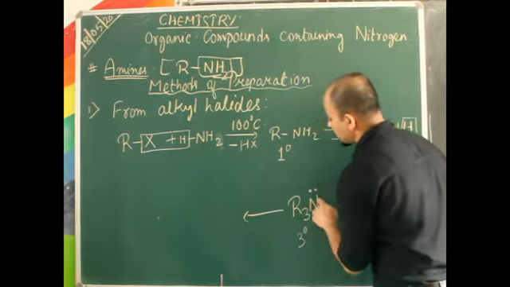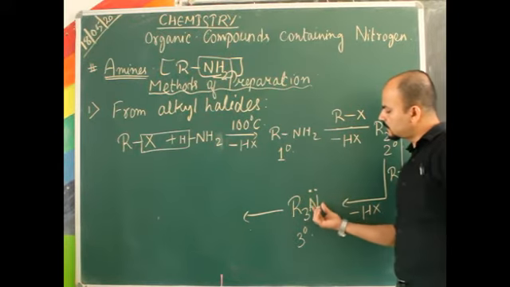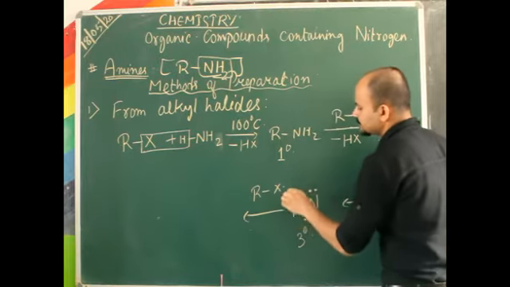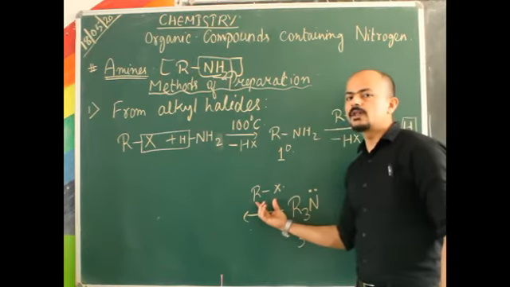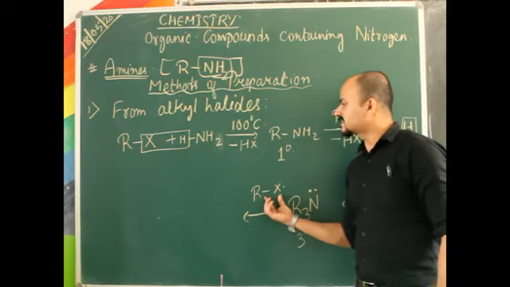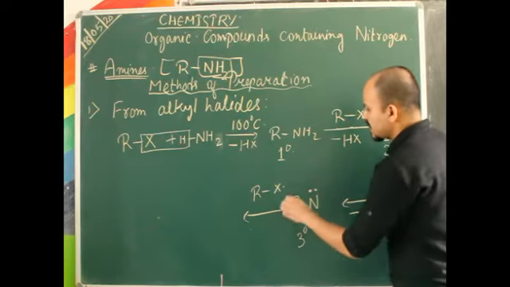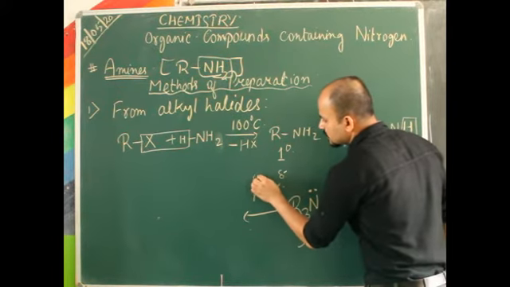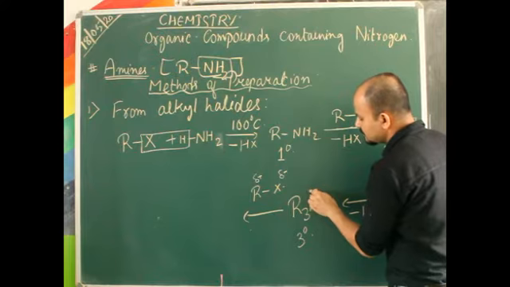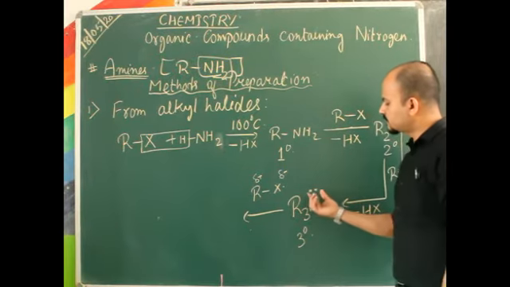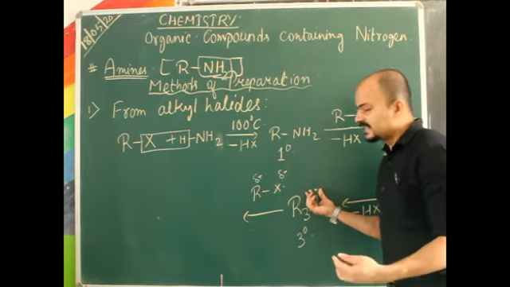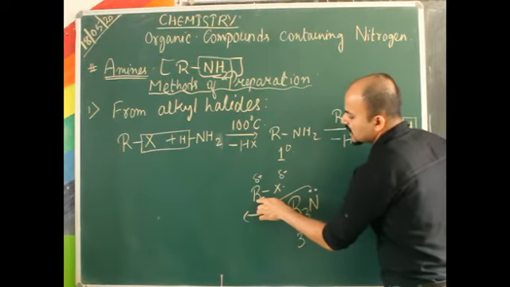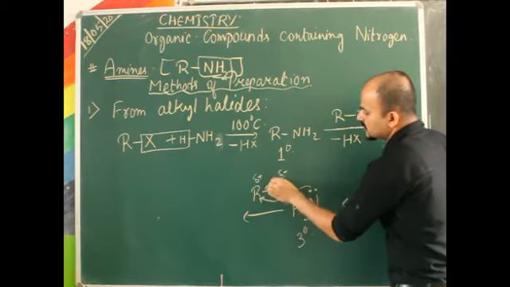This lone pair over nitrogen now reacts with a further molecule of RX, that is alkyl halide. Now halogen is more electronegative. This is delta negative, this is delta positive. Obviously this lone pair of electrons is like negatively charged. Therefore now this will be bonded with this R and this halogen leaves.